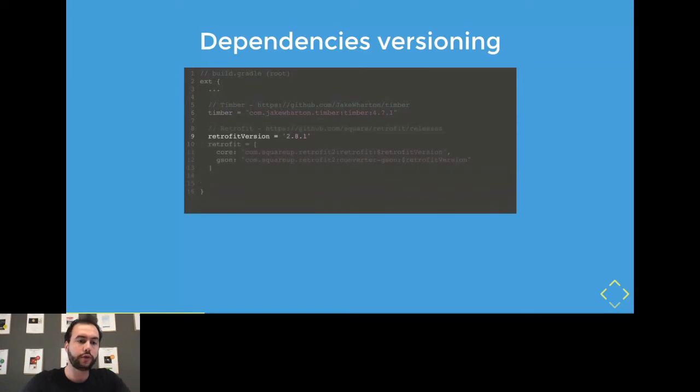We can also make use of variables for the versions when we're discussing dependencies such as Retrofit, which actually comes with multiple artifacts. In order to keep these artifacts in sync, the recommended approach would be to define a private, quote unquote, variable that stores the version for that particular dependency. And then inside the namespace, we can also use this mapping of Groovy in order to group the sub-artifacts that are related to Retrofit, and also use the Retrofit version in there.